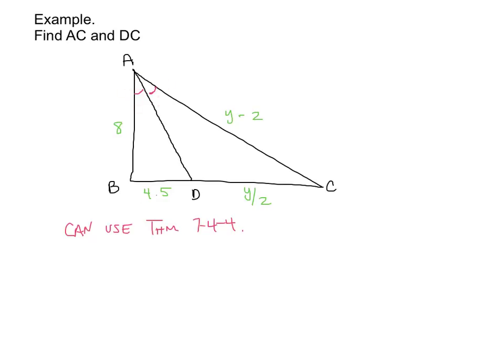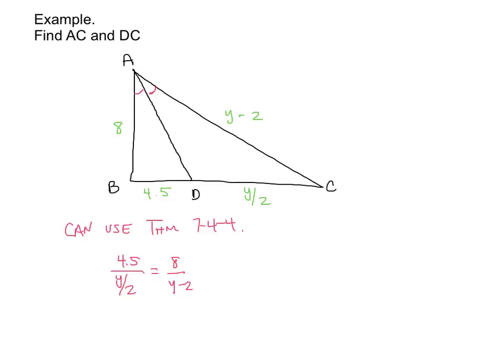So the key is because we have angle bisectors right there. All right, what that theorem tells us is that the opposite side, BC, is going to be cut proportionally. So 4.5 over y over 2 is equal to, well, we know it's going to be equal to 8 over y minus 2. And those are because it's the other sides. Now, be careful. This is just a quick reminder.